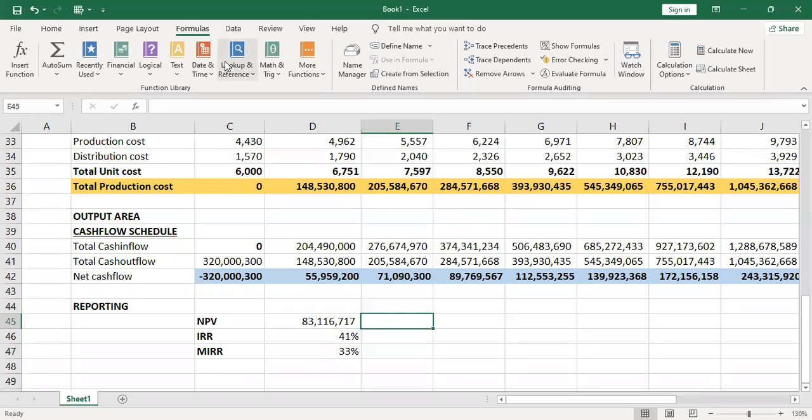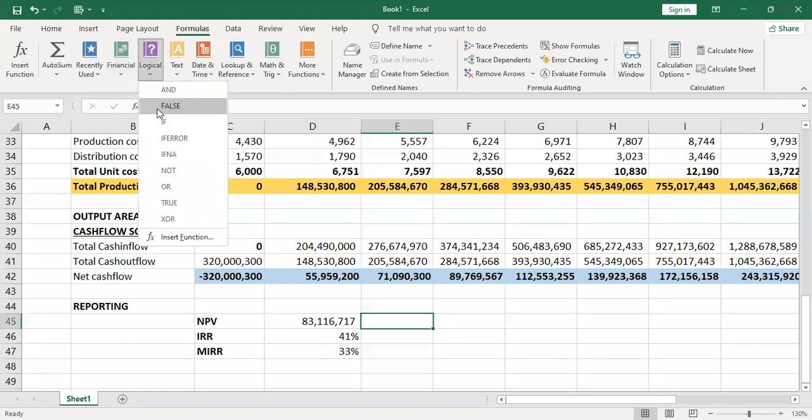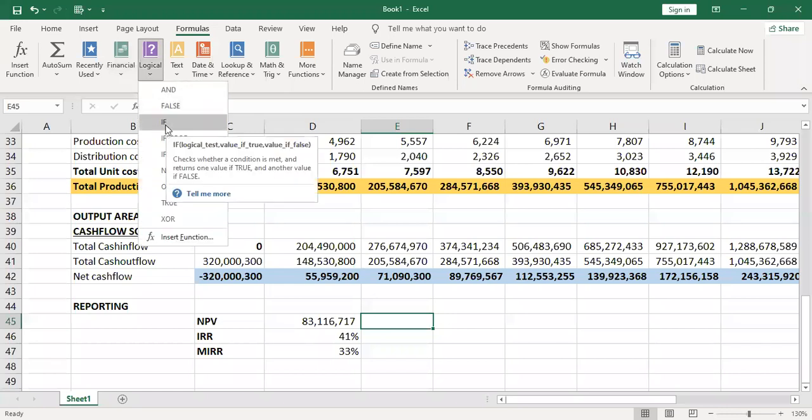So press the cursor here, click on formulas. This time we are going to use logical IF.